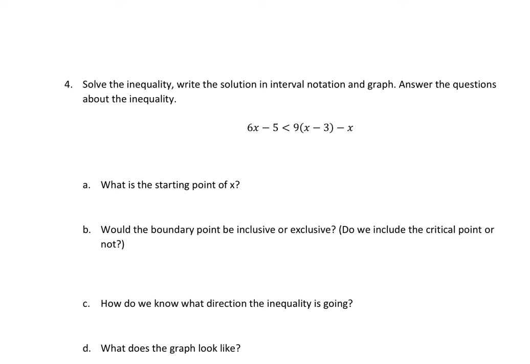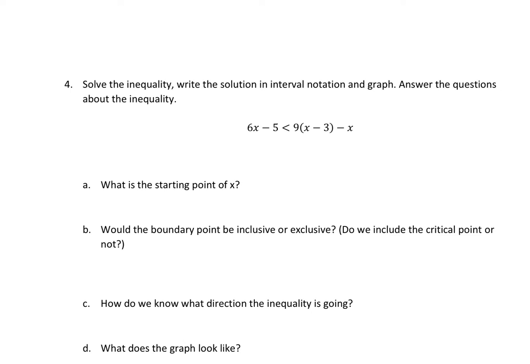The question says, solve the inequality and write the solution in interval notation and graph. Answer the questions about the inequality. Whenever a question wants you to recognize a mistake that somebody else made, the best thing you can do is solve it yourself first and see how you go about solving it.